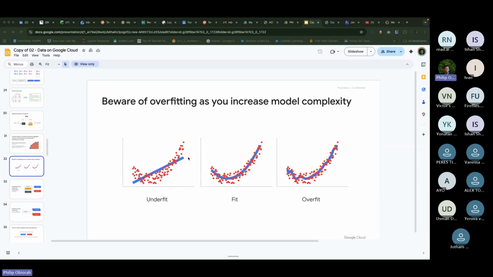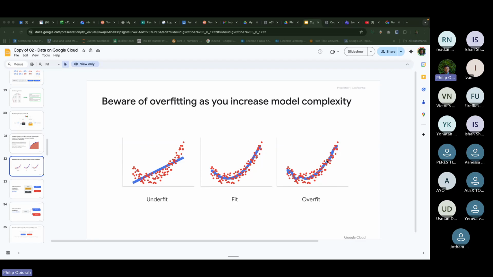Then when we move to overfitting, the model is everything curved. We try to understand every possible data point. But that's the problem. The model is too complex, that's why it's able to understand every possible data point.